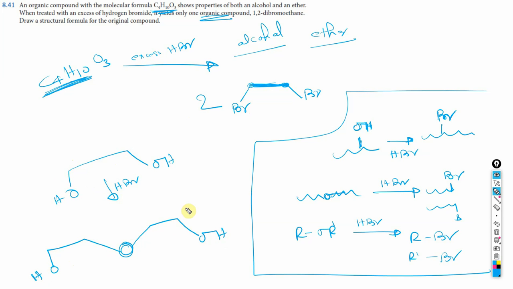And now if you treat this with excess HBr, you will end up making this product, because you will replace this alcohol with the bromine, you will replace this alcohol with the bromine, and you'll also break those carbon-oxygen bonds and convert those carbons to carbon-bromine bonds as well. So this is the structure of the molecule, which is consistent with the molecular formula as well as with the product structures.